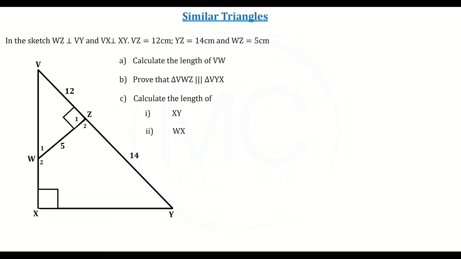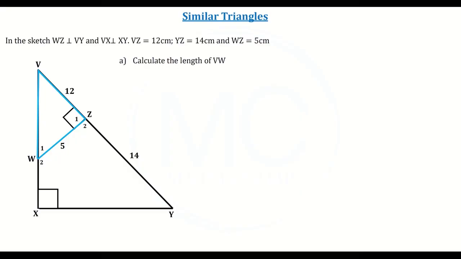Let's start with part A. Calculate the length of VW. VW lies on our diagram over here. It is one side of triangle VWZ. Now, the square angle at Z1 is a 90-degree angle.